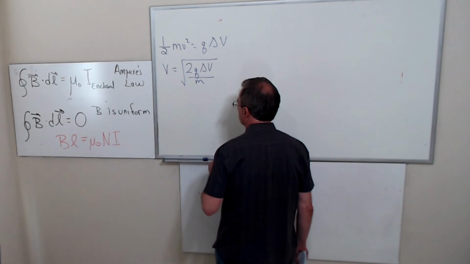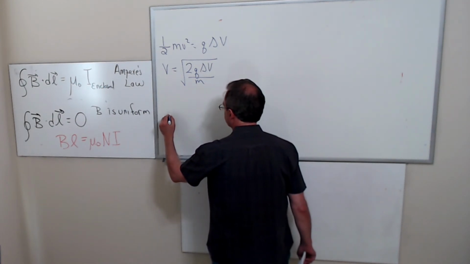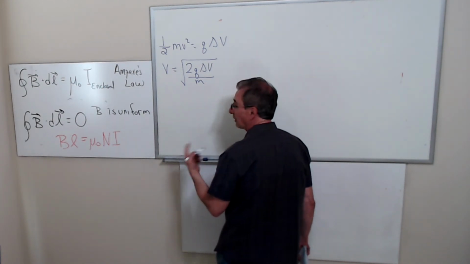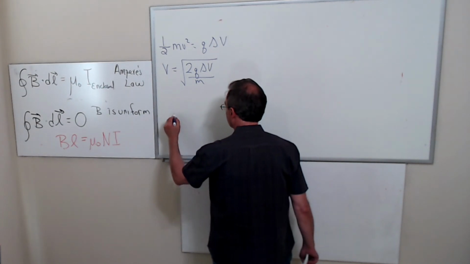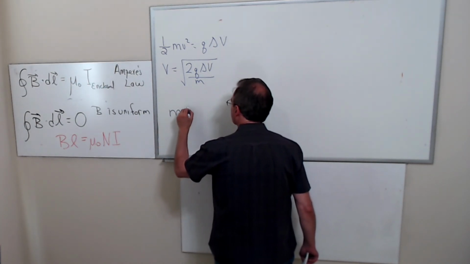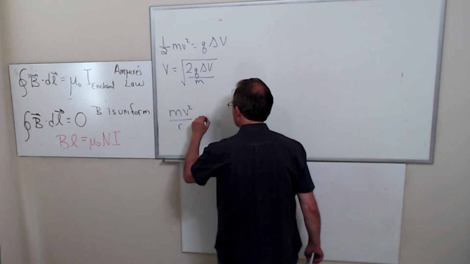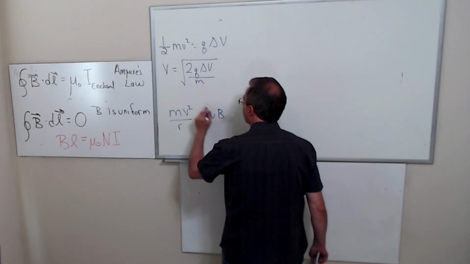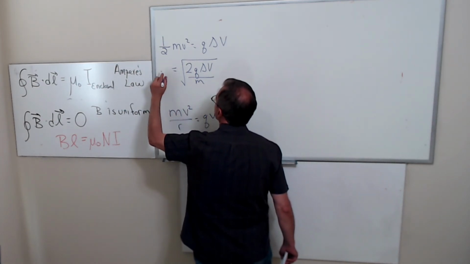This is what comes out of the accelerator. And then this goes into a magnetic field, where now it's going to be forced to go in a circle. I should use a script V because this is confusing.